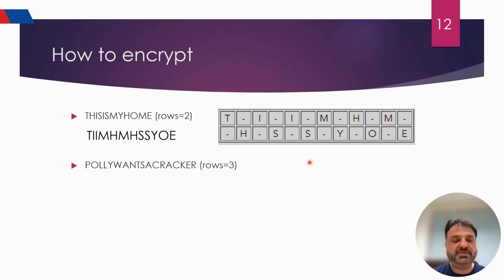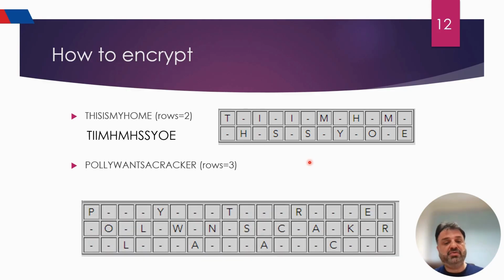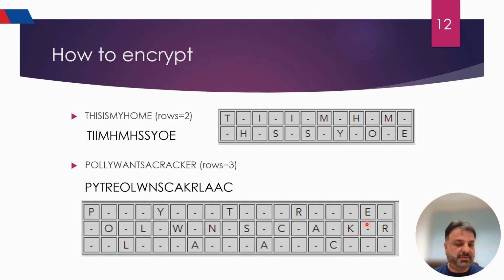And also for 3 rows, you can see here the encrypted message, or ciphertext. So for rows 3, you write "Polly wants a cracker", and then we read it PYTRE and so on, reading row by row. We use this for the encryption of the rail fence cipher.